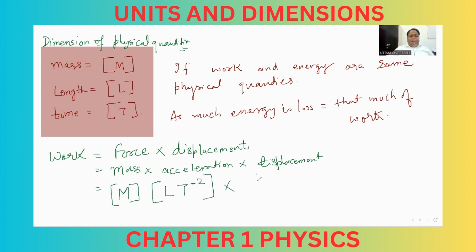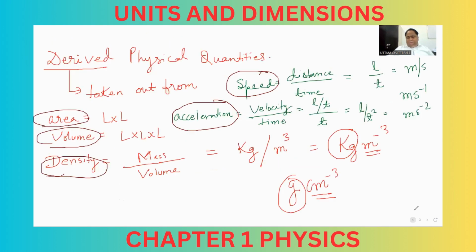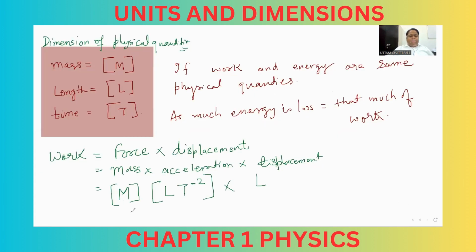And for displacement, we can write length. How are we writing T to the power minus 2 for acceleration? See here. For acceleration, we had found it is equal to velocity by time, and it is equal to length per unit time square. So it will become M L square T to the power minus 2.